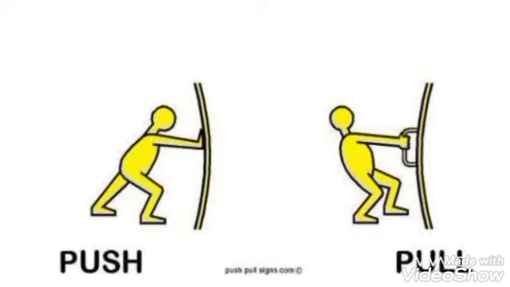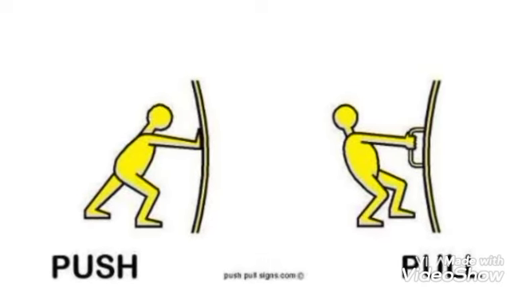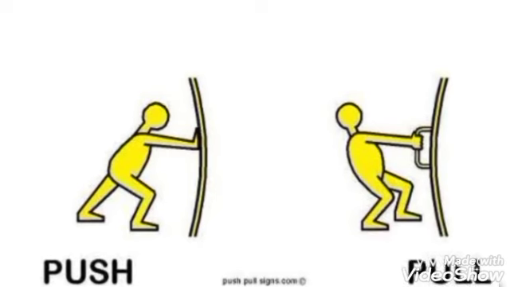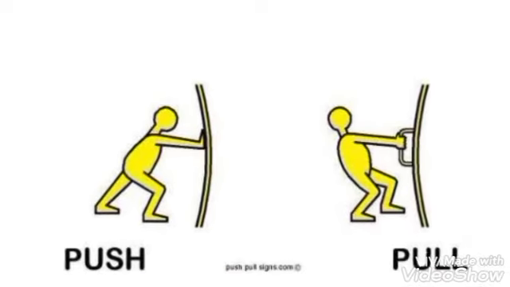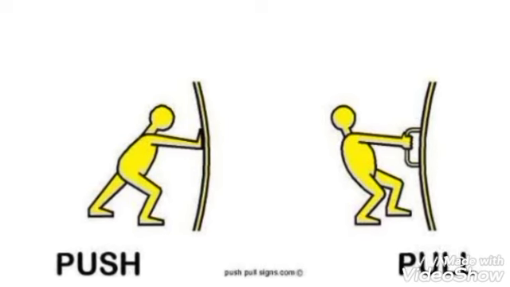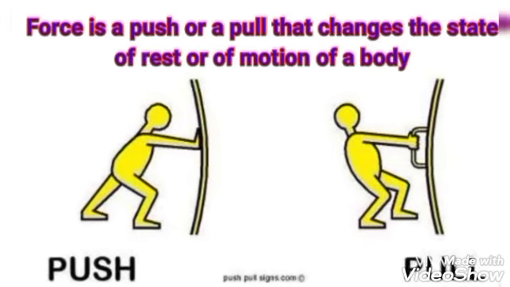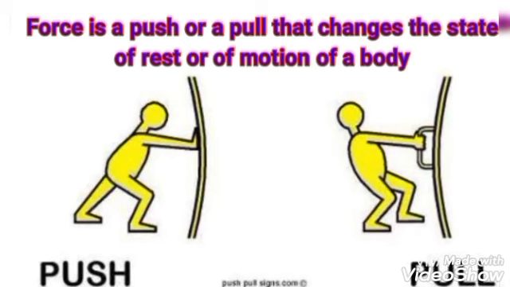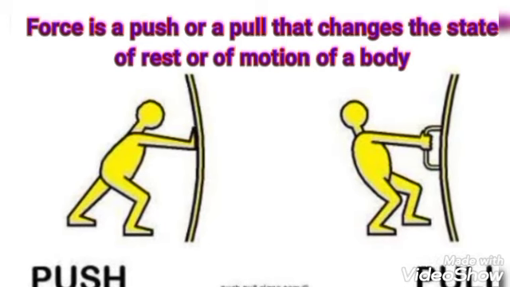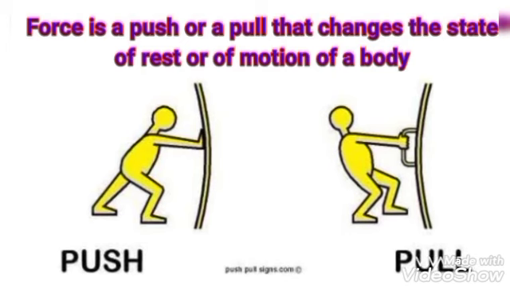Then what is force? Force is push or pull on an object. So, we can modify the definition of force. How? That is, force is a push or pull that changes the state of rest or motion of a body.